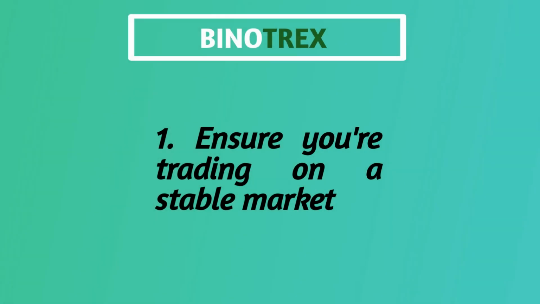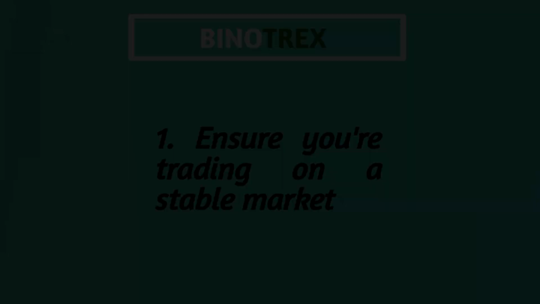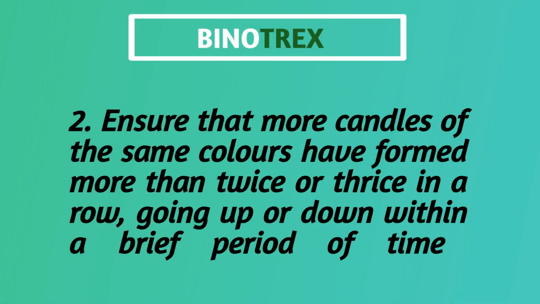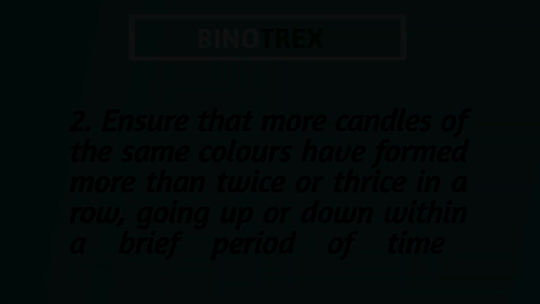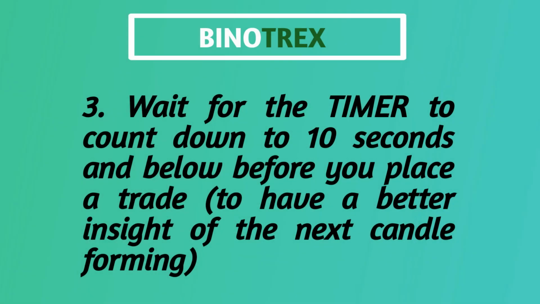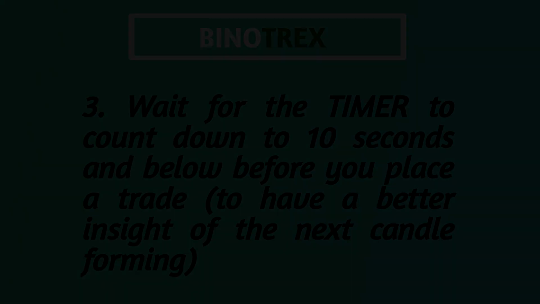Ensure you are trading on a stable market. 2. Ensure that more candles of the same color are formed more than twice or thrice in a row, going up or down within a brief period of time. 3. Wait for the timer to count down to 10 seconds and below before you place a trade, to have a better insight of the next candle forming.